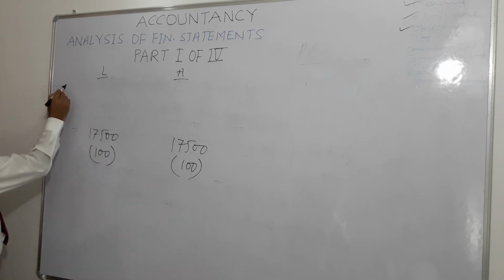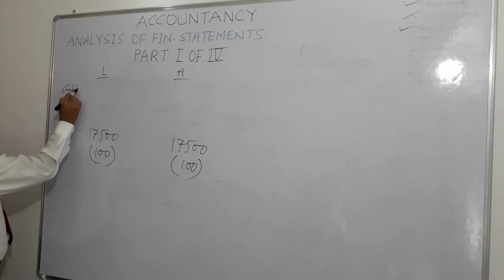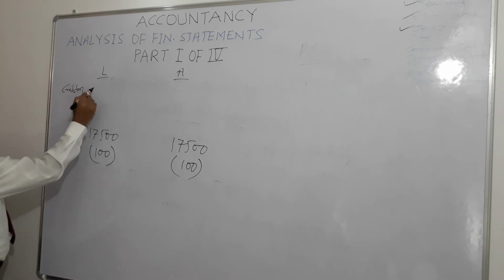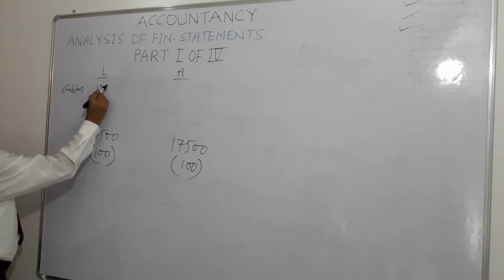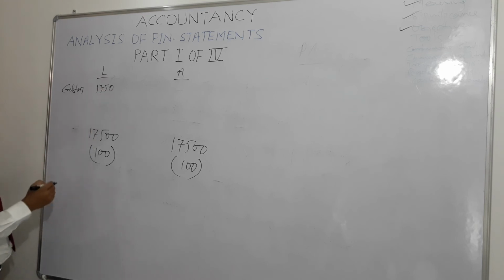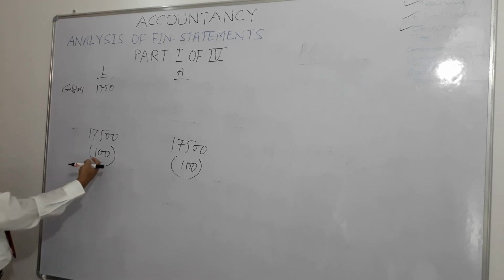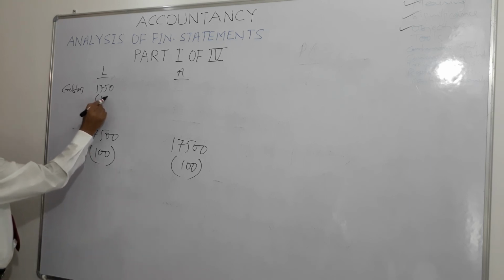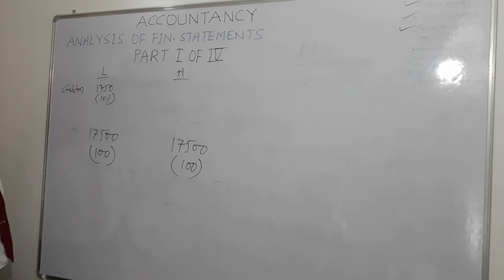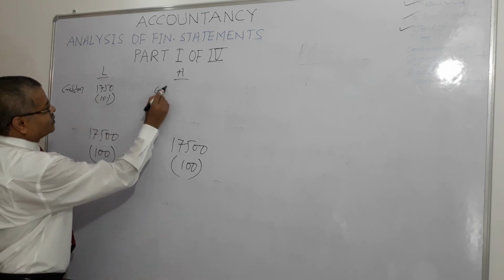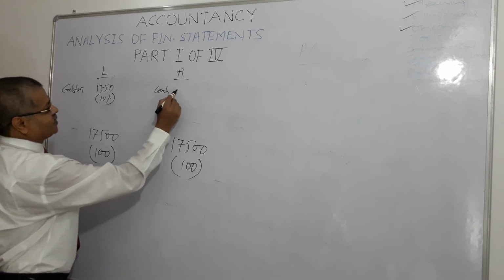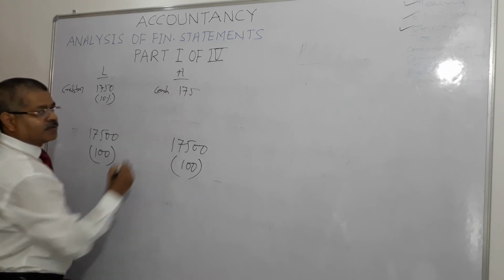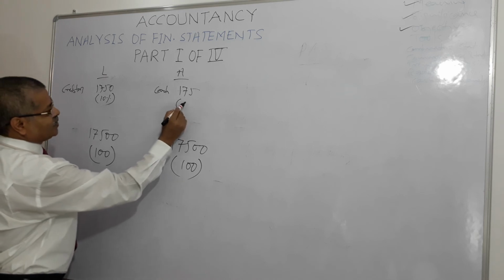So suppose creditors is 1750. So what shall we write? Total is 17,500 is equal to 100. So this is 1750. So it is 10%. Right? And suppose here cash balance. Cash balance is 175. So what is it? It is 1%.